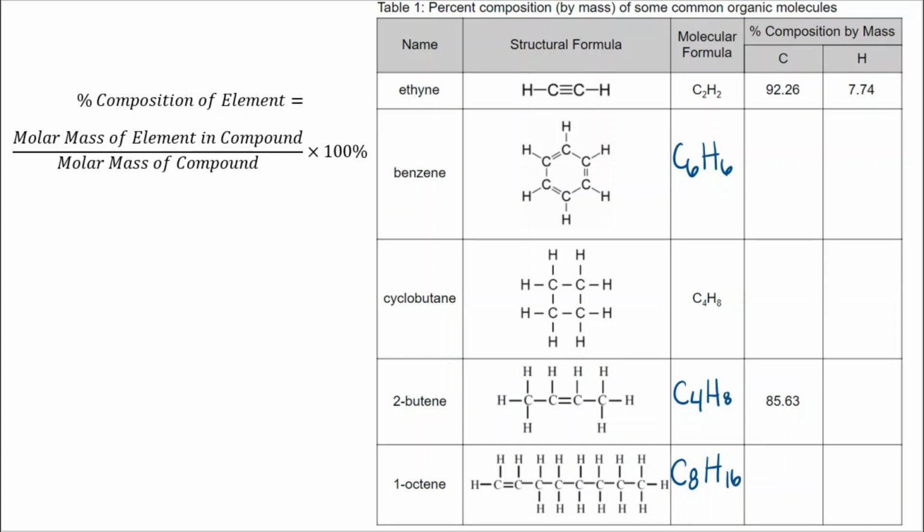So what we want to do now is fill in these percents for carbon and hydrogen for benzene. So I'm going to take 6 times the mass of carbon and divide that by the mass of the entire compound.